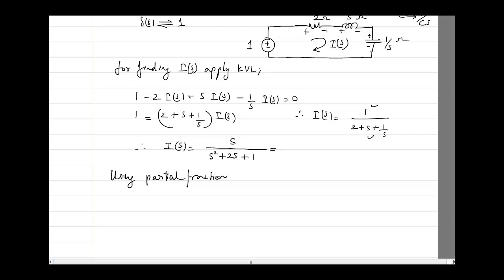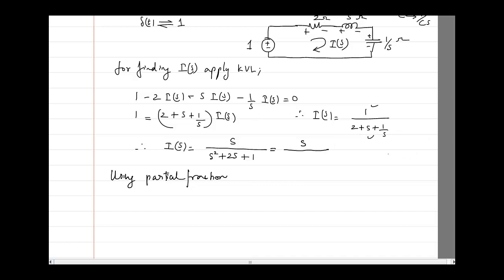For doing partial fraction I have to first find out the factors of the denominator. So in the numerator I am having S. For the denominator I have to use a calculator, and substitute the first value as 1, the second as 2, and the third value again 1, based on which I will get the value of S as minus 1.